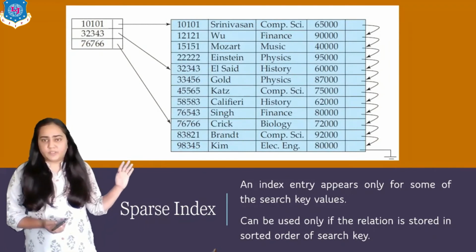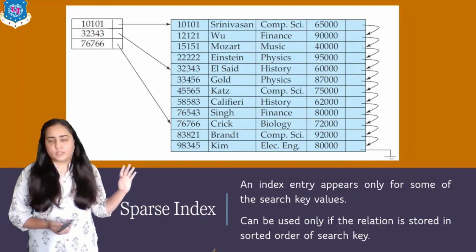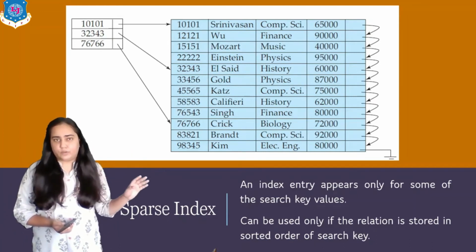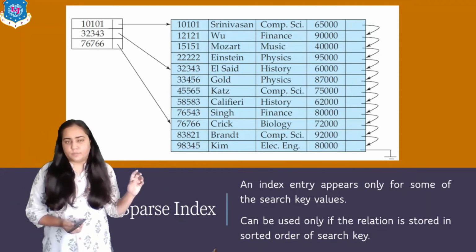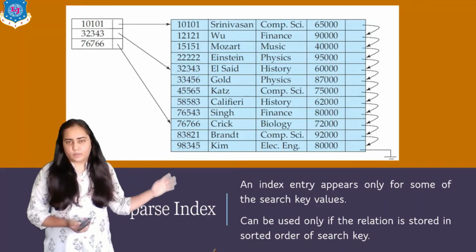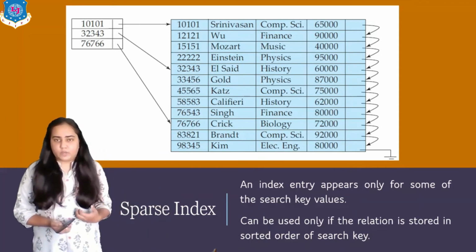So a sparse index looks something like this. And you can see what happens in this. There are several rows available. And out of those rows, I'm building an index on ID because, as mentioned in the rules of a sparse index, we can only create a sparse index if the relation is stored in sorted order of the search key.